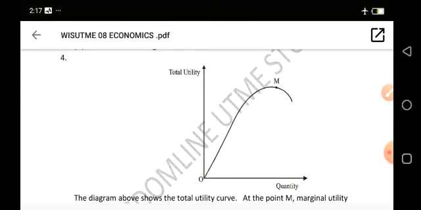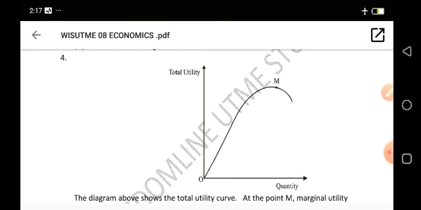As the theory explains, if you consume more of a commodity, it gets to a point where you reach saturation, and any other consumption of that commodity would lead to a loss of satisfaction.